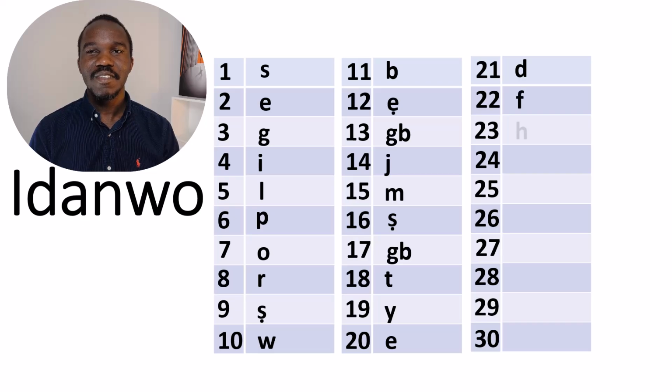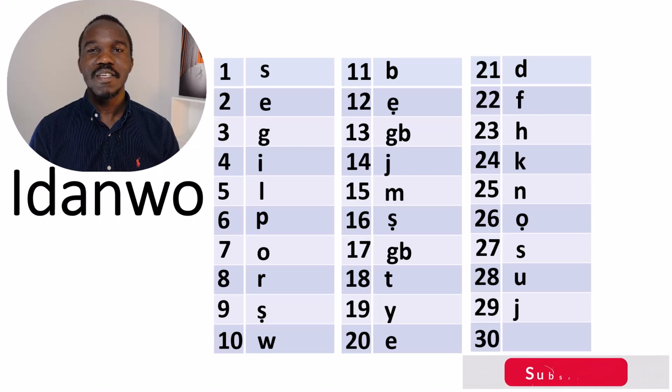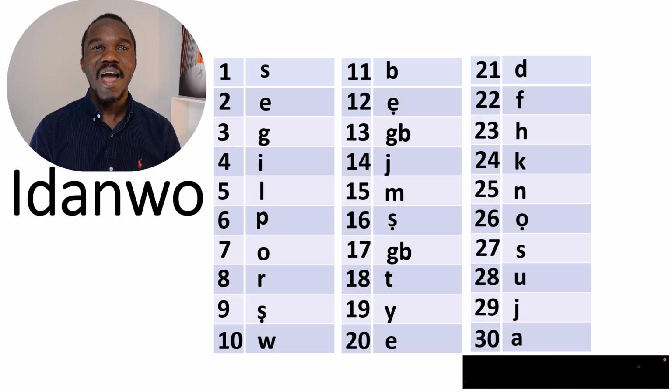Twenty-three says He. Twenty-four says Ki. Twenty-five says Ni. Twenty-six says O. Twenty-seven says Si. Twenty-eight says U. Twenty-nine says G. And the final one says A.